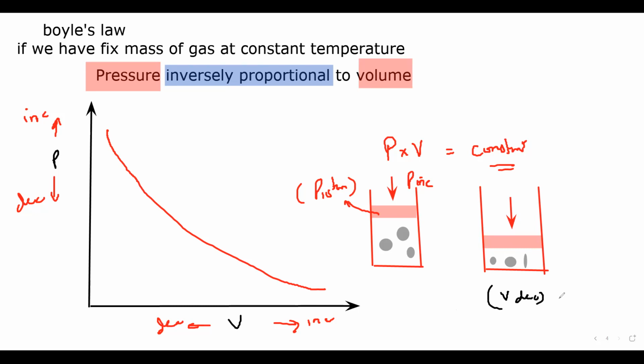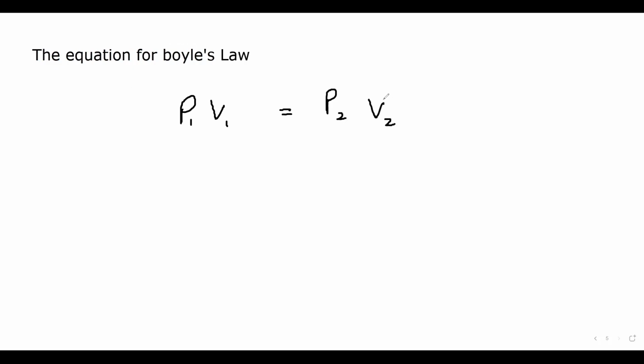The equation for Boyle's law. So what is the equation for Boyle's law? The formula, this is a very important formula, almost every year you will find a question, that is P1 V1 equals P2 V2.